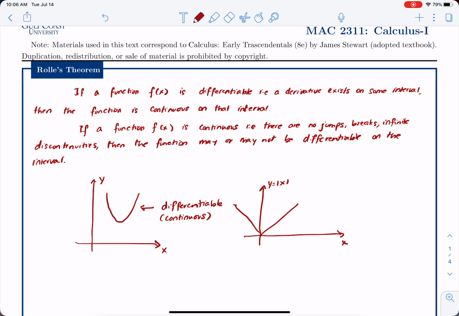Now that function is certainly continuous, but it is not differentiable for all x. Why is that? Because there is a sharp turn.